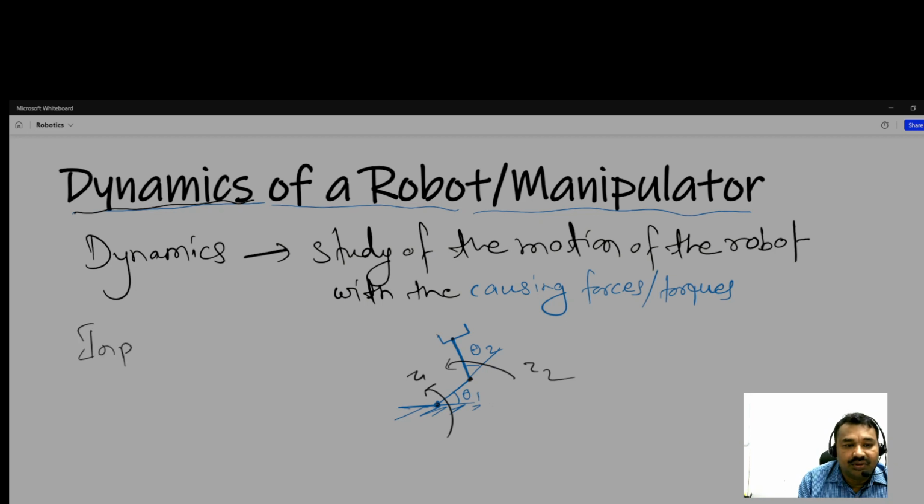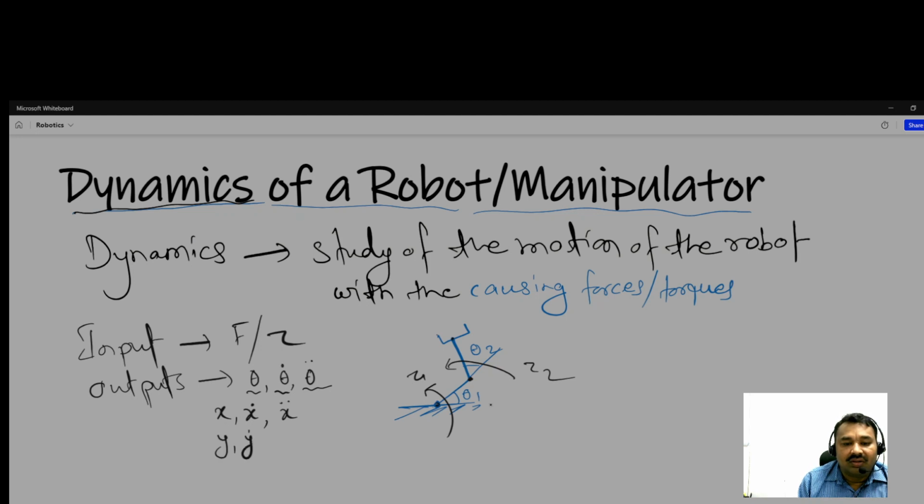Suppose in terms of input, what is our input? So input is either force or torque. What about output? So our outputs are either in terms of angular position theta, angular velocity theta dot, or angular acceleration theta double dot, or you can say x or y: x, x dot, x double dot, or y, y dot, y double dot.